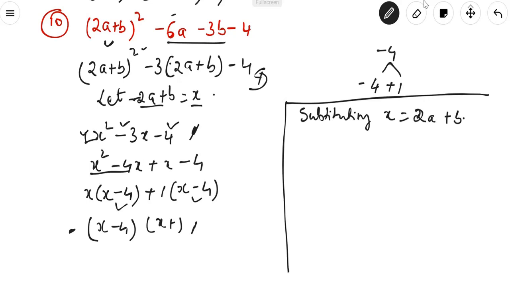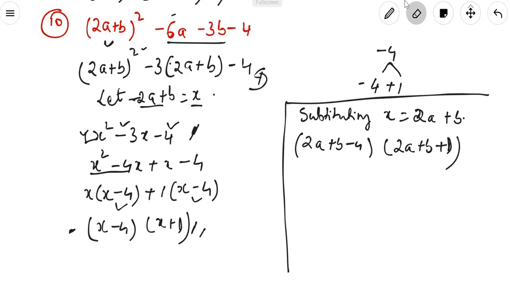If I substitute in this equation, this becomes 2a plus b minus 4, one term. One more term I'm going to get as 2a plus b plus 1. So these are the two factors of this expression. Wait, I'll rewrite this. So these are the two factors of problem number 10.